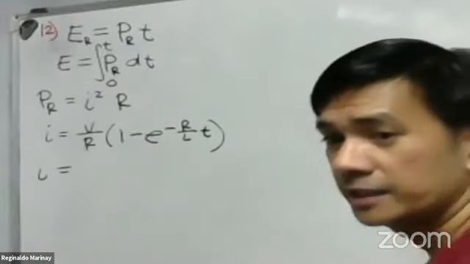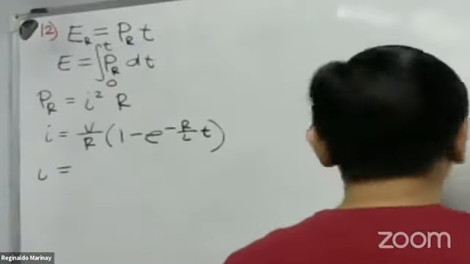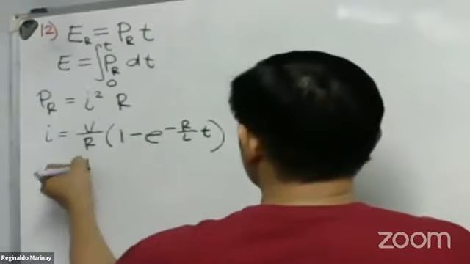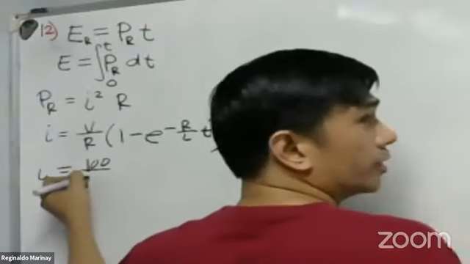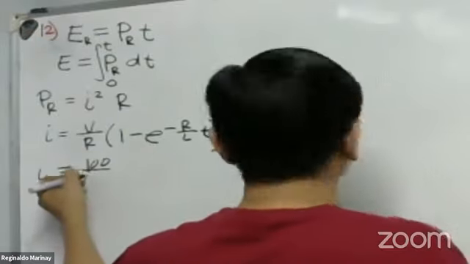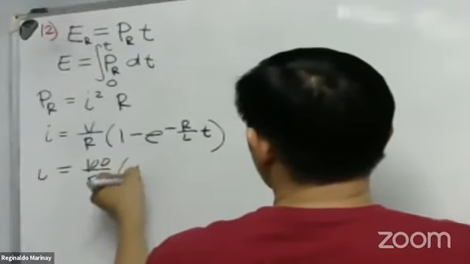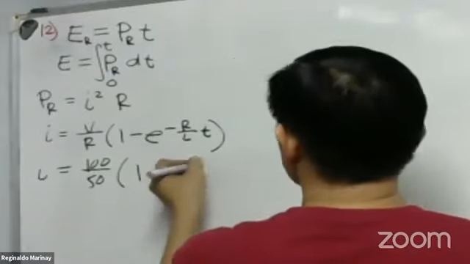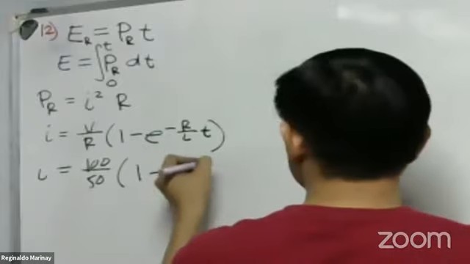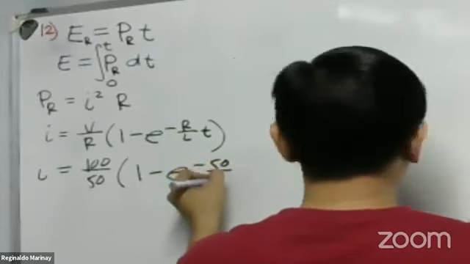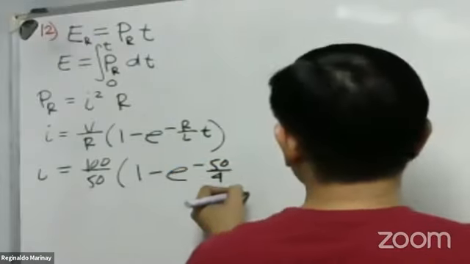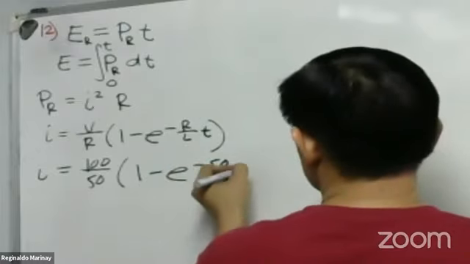Let us substitute. What is our total voltage? 100 over R, which is 50, then 1 minus e raised to negative R, 50 over 4, times t.